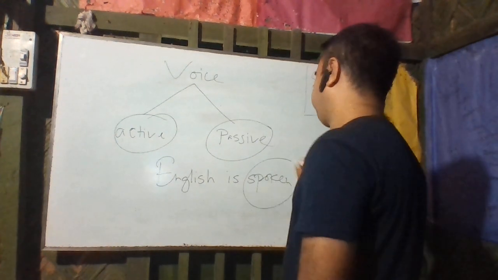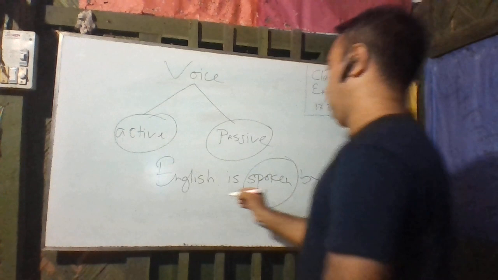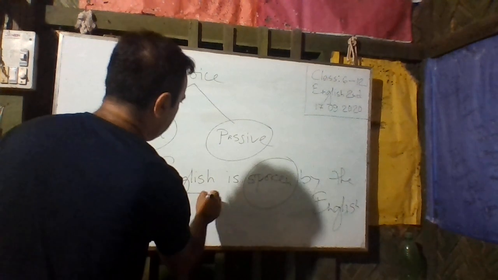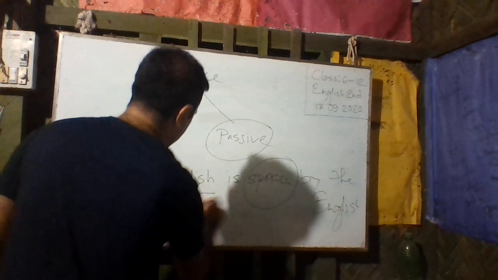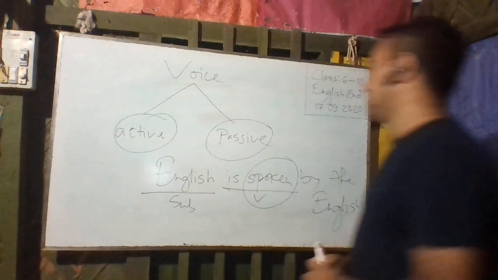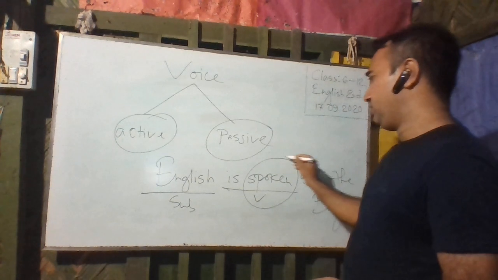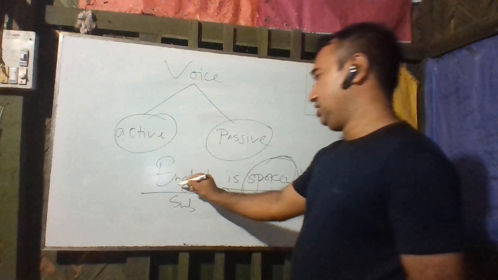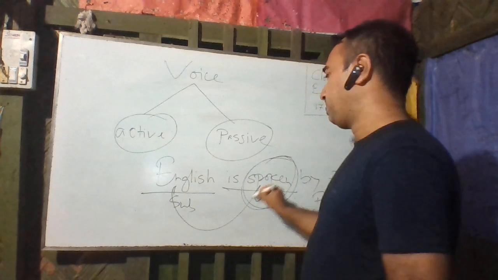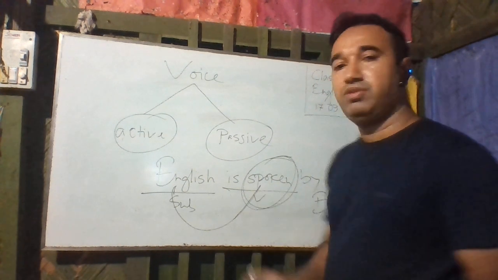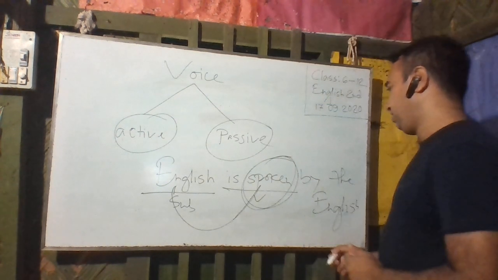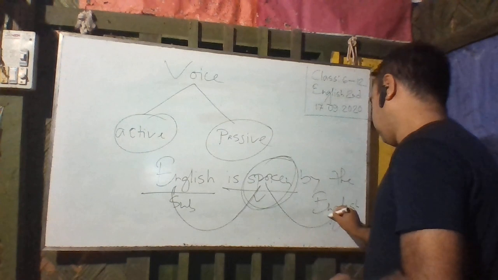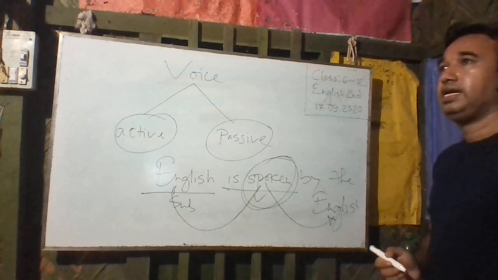Notice the verb. This is the subject, English, and this is the verb. Now notice, speak. Does the subject do the work? Is it performing? No. The subject is not performing here. Rather, this task is done by the object. So it is a passive sentence.